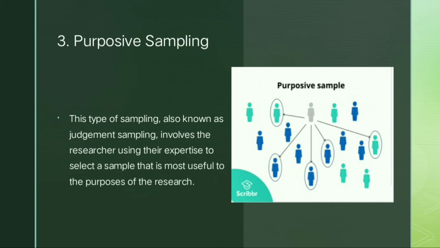So, from the word purpose, yung sample ay chosen based on the goals of the study. Dito sa purposive sampling, mas may control si researcher sa pagpili ng kanyang respondents. Pwedeng mapili yung ating respondent based on their knowledge, expertise doon sa study nilang ginagawa.